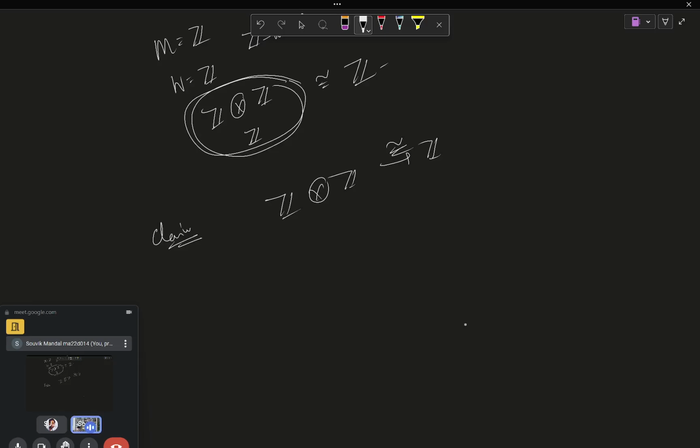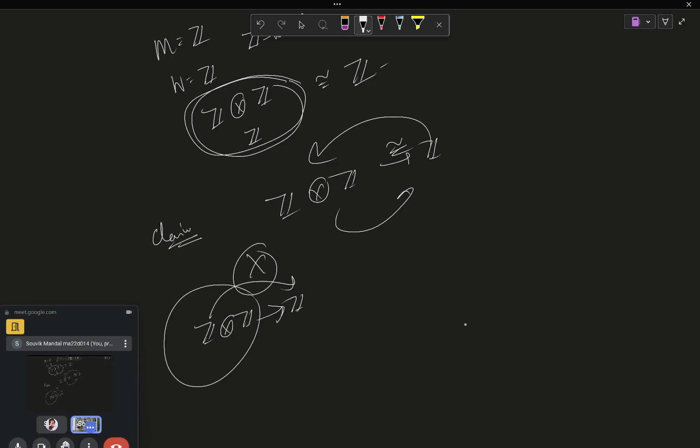For that, we need to have two maps, from Z tensor Z to Z and in the reverse direction, right? Now from Z tensor Z to Z, it is difficult to construct some map because the left side is a quotient of some big thing. So directly we can't construct any map.